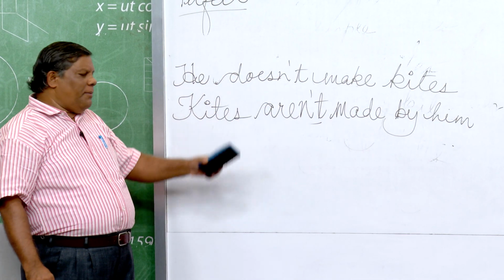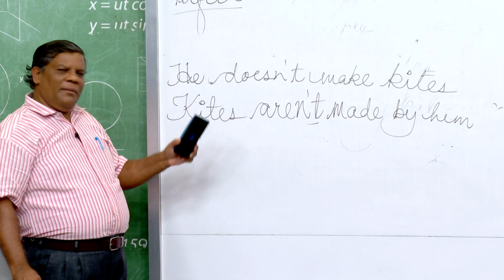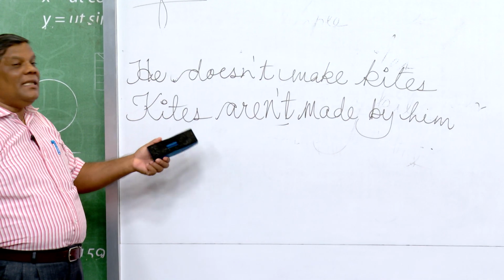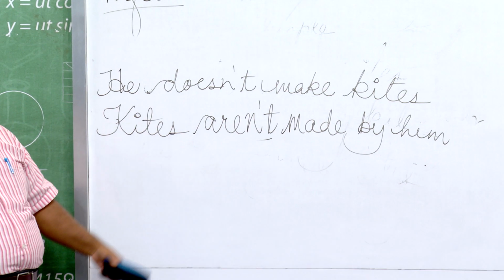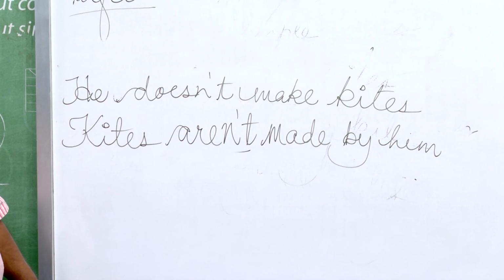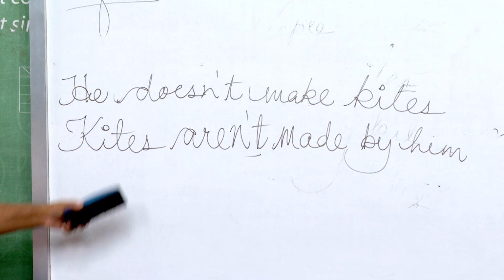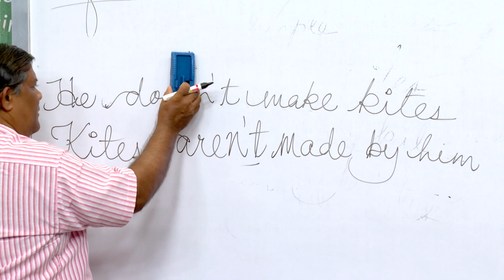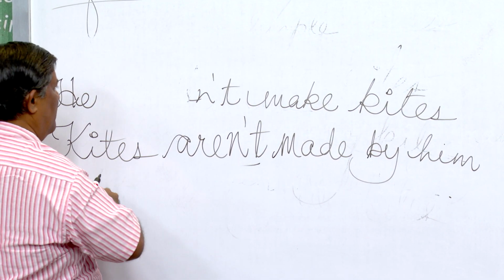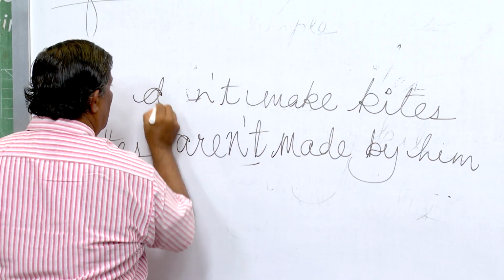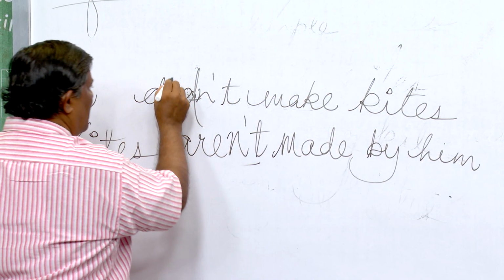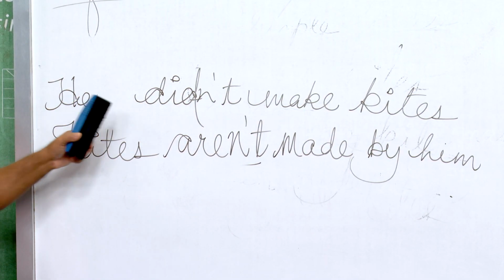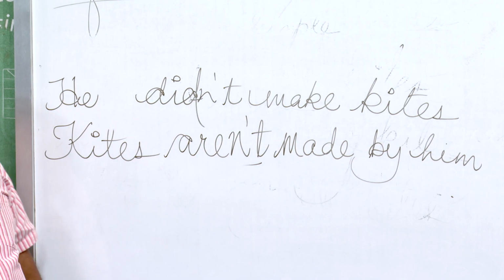When it is a positive affirmative sentence, kites are made by him, but when it is negative, only not is added after that. Kites are not made by him. And when it is a past tense, he didn't make kites.